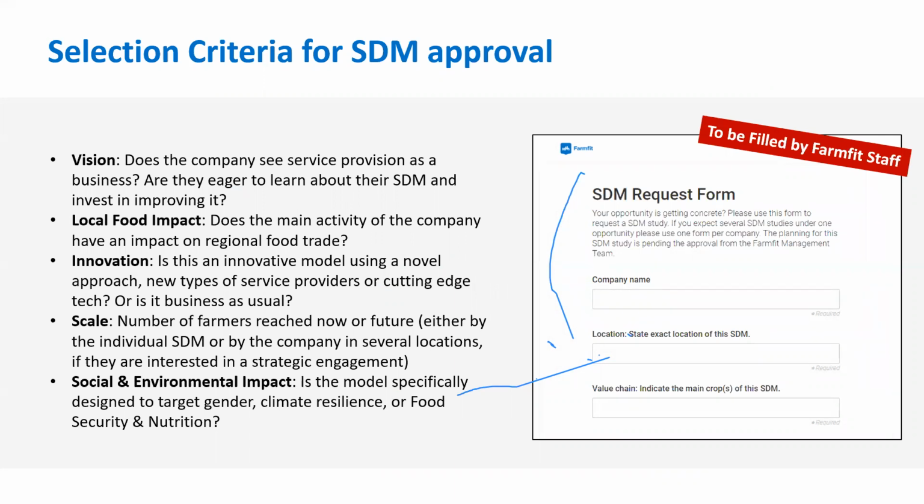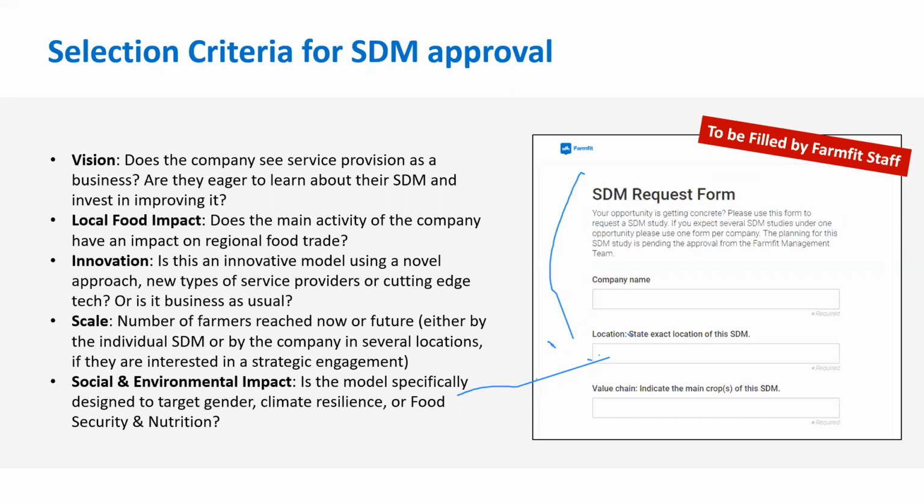Does the company really see this as an opportunity, that service delivery can be seen as a business? Are they really interested in the business case? Or is this just a corporate social responsibility approach for them, and they are not so interested in whether this can be long-term sustainable from a financial point of view? We're also looking into local food impact.